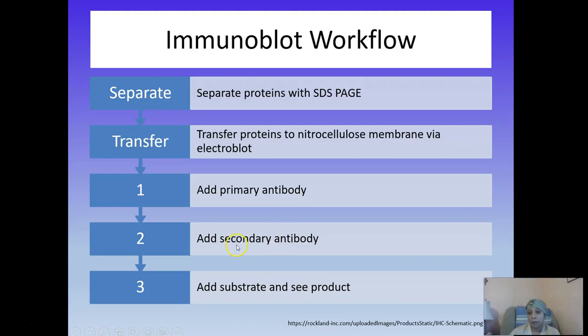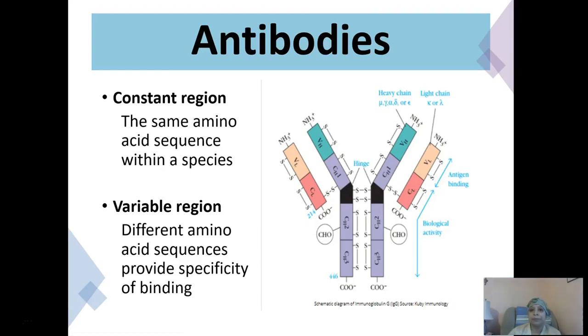So my secondary antibody choice is dependent on what primary antibody I'm using. What's the host animal for that primary antibody? And that's going to help enhance my signal, and usually that secondary antibody is linked with some detection molecule that we can then add our substrate to look at the product for.